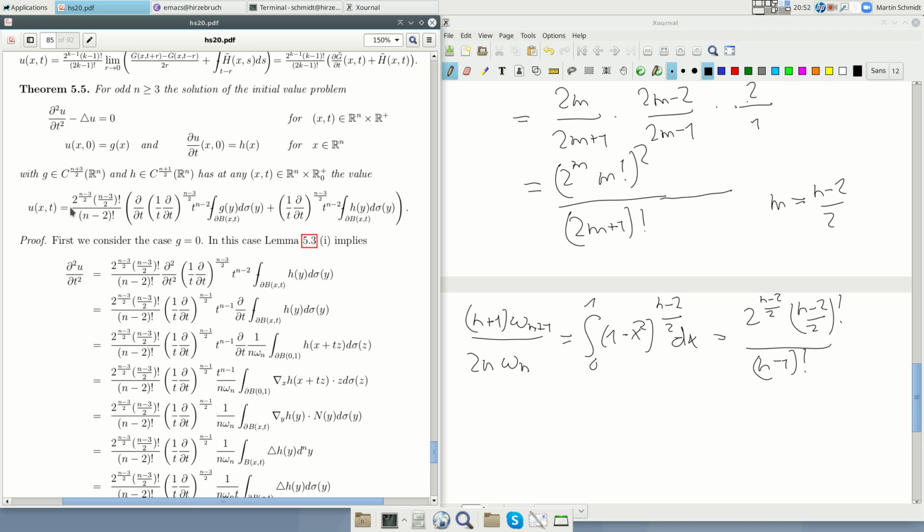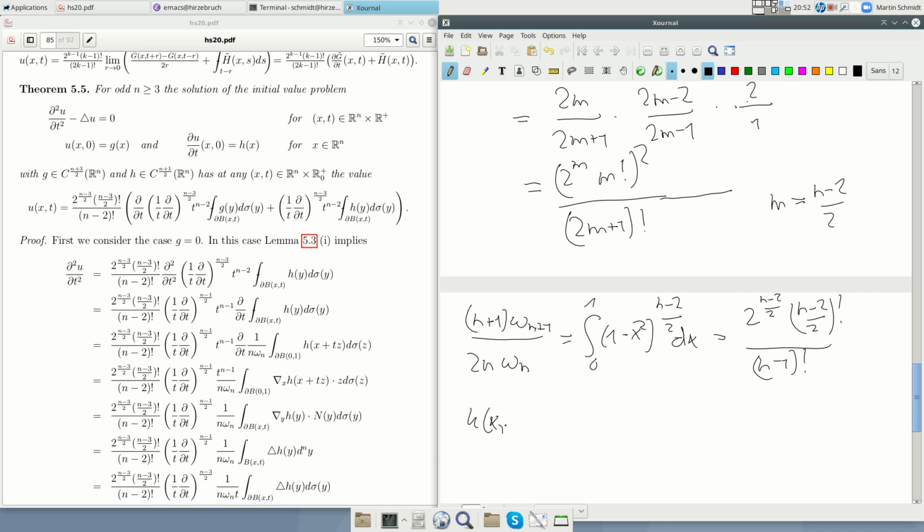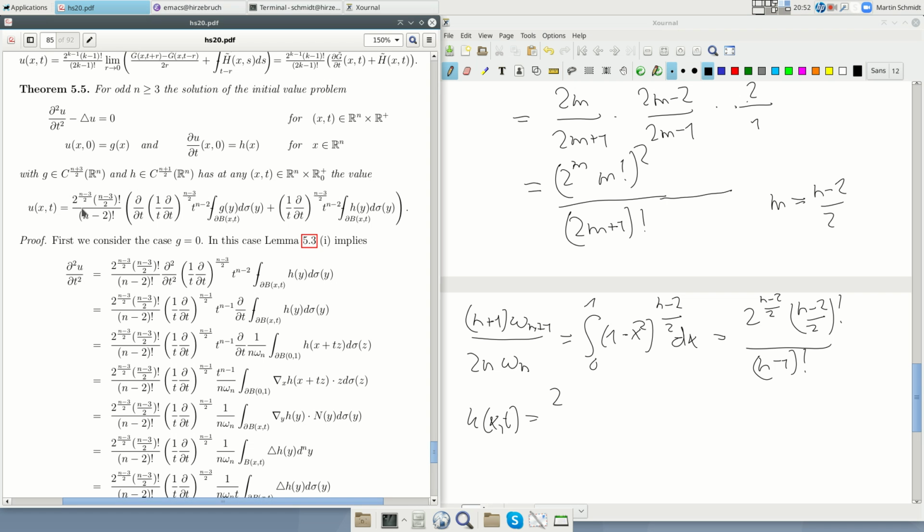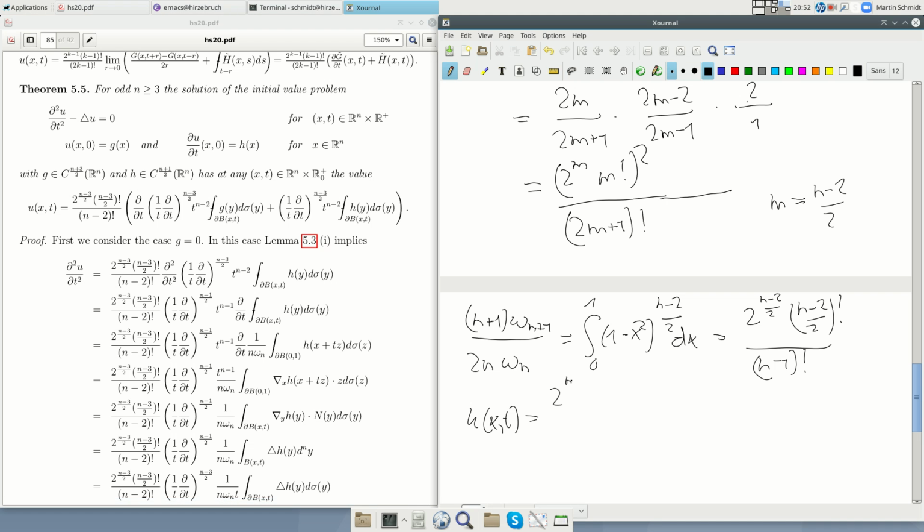We obtain u of x,t is equal to 2 to the power n plus 1 minus 3, this is n minus 2 over 2 times n minus 2 over 2 faculty divided by n minus 2 faculty, and then this whole expression.